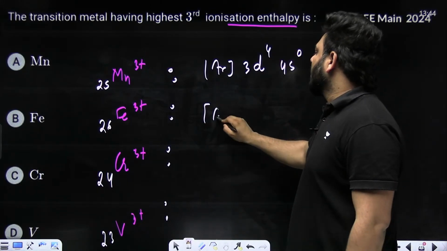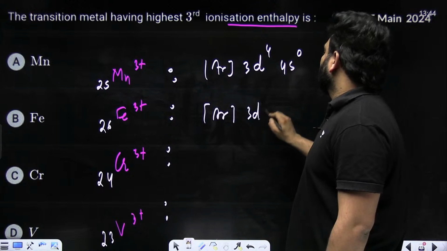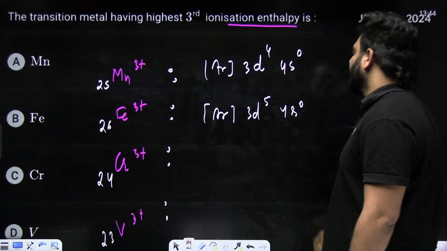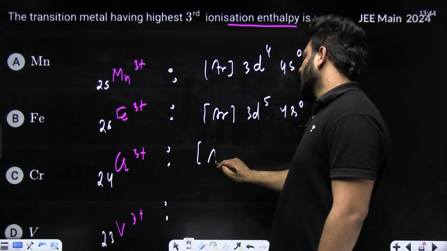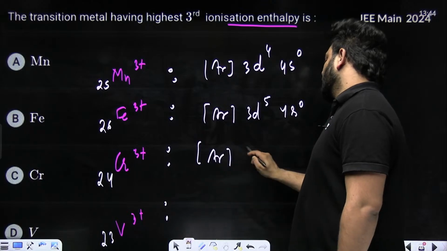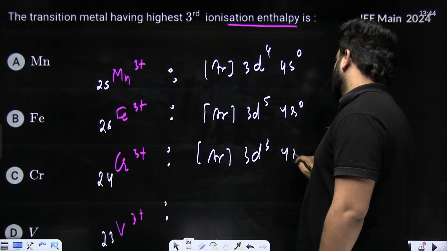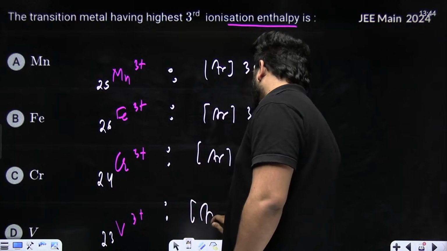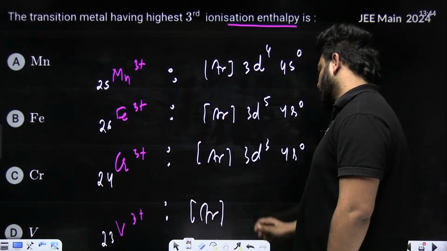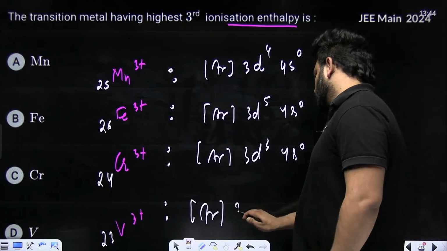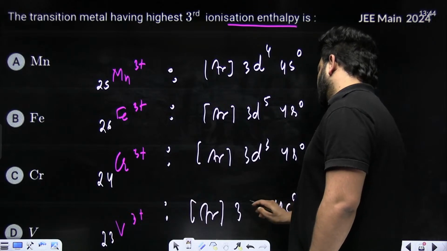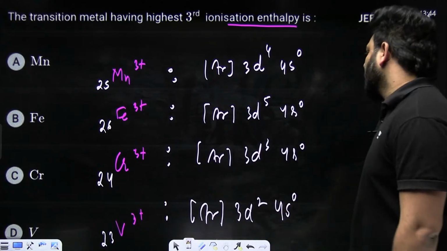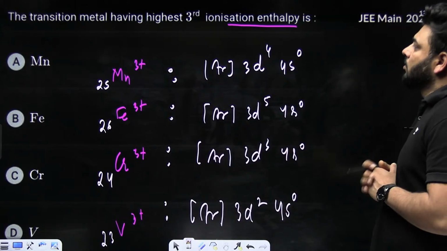This is argon 3d5, 4s0. This is argon 3d3, 4s0. This is vanadium, scandium, titanium, vanadium. So argon 4s0, 3d3, 3d2. So where can you find the most stable configuration?